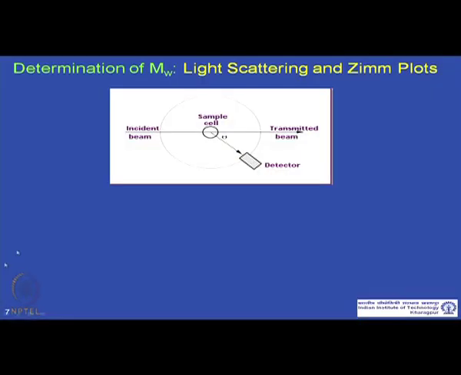So, what is done in the experiments? An incident beam is bombarded on a sample cell which contains these polymer molecules, polymer solutions, and then the intensity of the scattered light is detected at an angle theta with the incident beam.